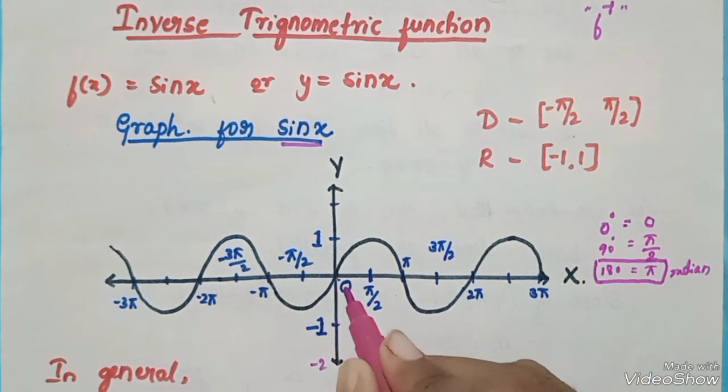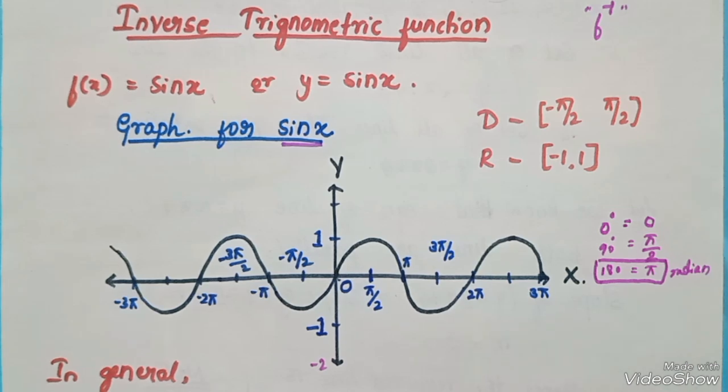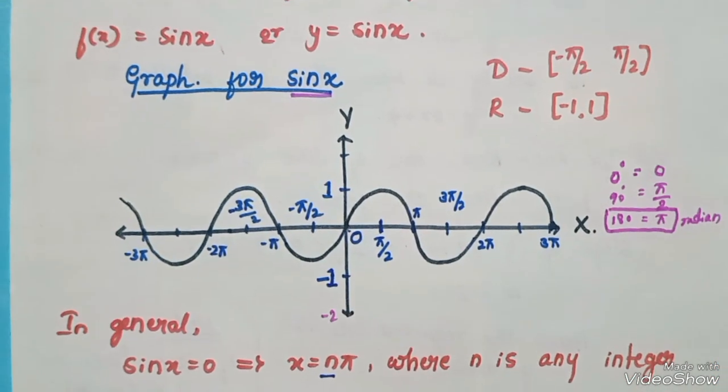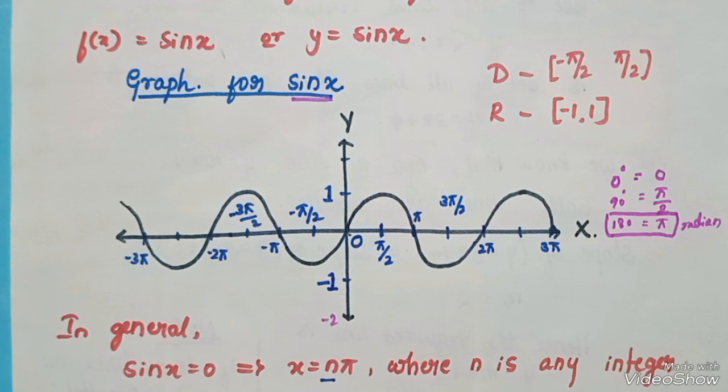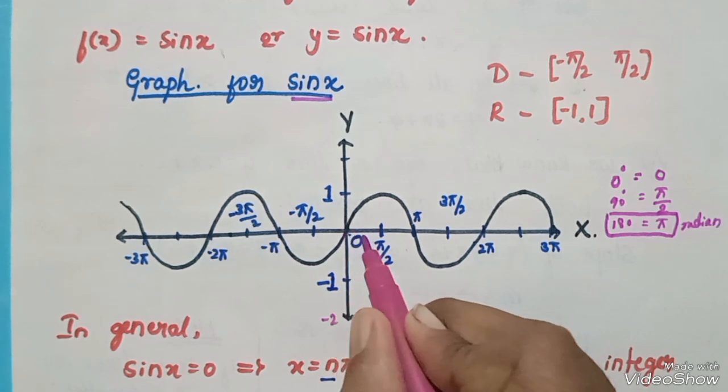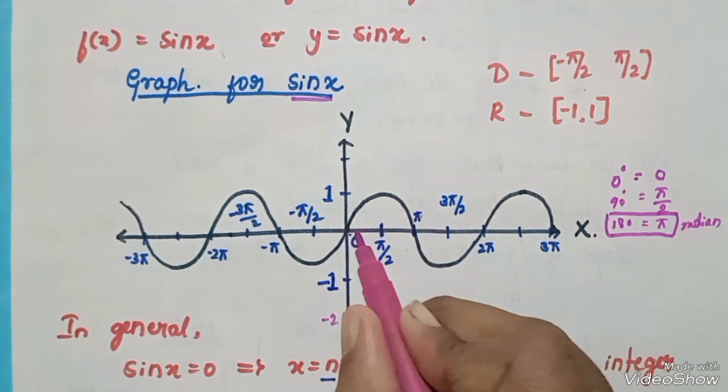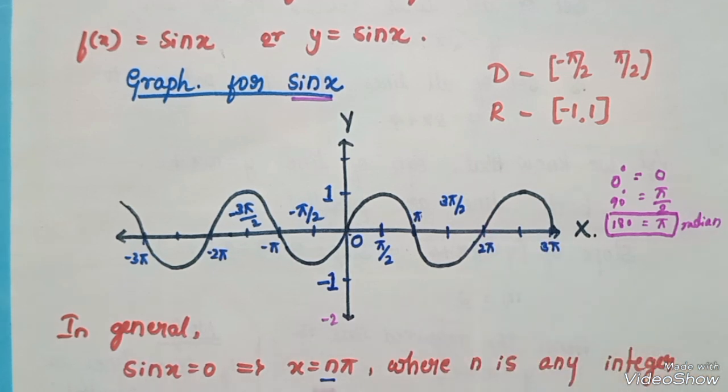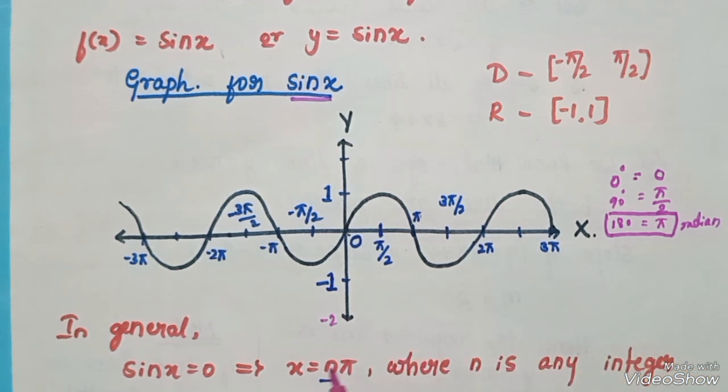In general, sin x equals 0 implies x becomes n times pi. Observe that sin 0 is 0, sin pi is 0, sin 2 pi is 0. For any integer n, whatever the value taken, sin x becomes 0.